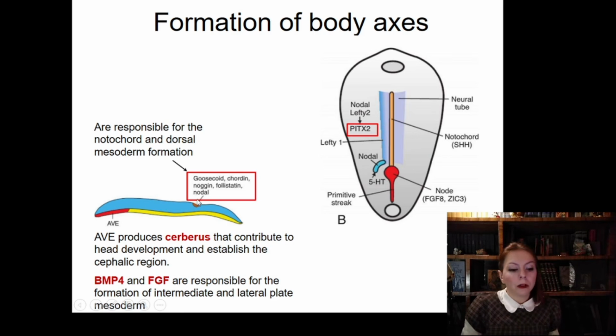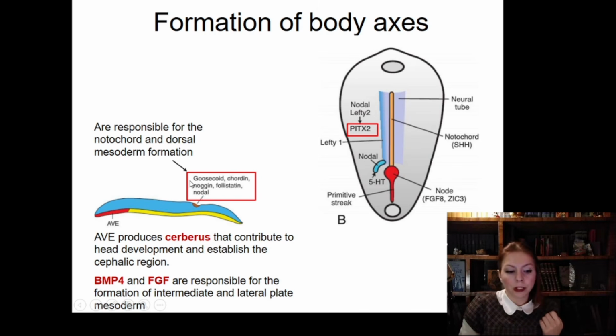Then, in the caudal end, the expression of Cerberus is low, so such factors appear and they stimulate the formation of a primitive node. So cells migrating inside and forming the notochord produce such factors to specify the notochord and the dorsal mesoderm.